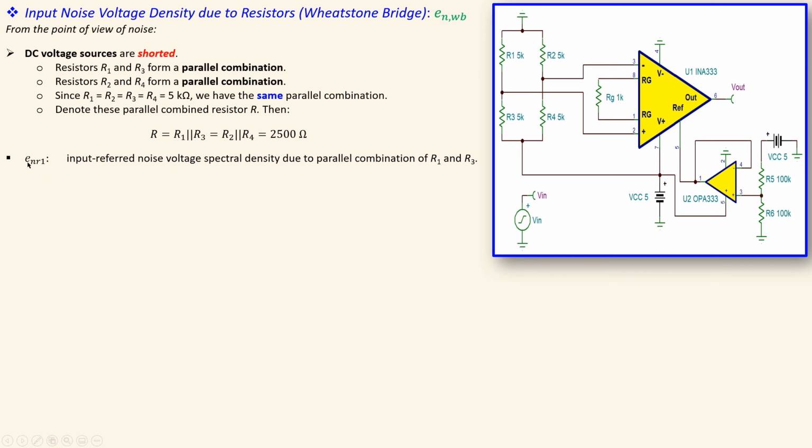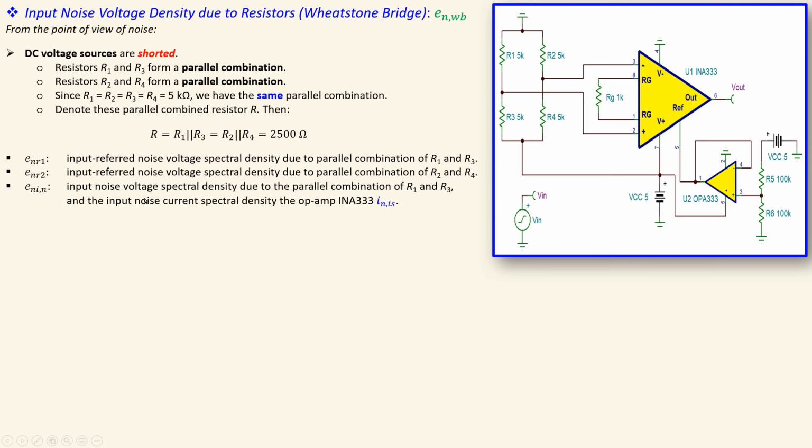Now, the first contribution is the input referred noise voltage spectral density due to the parallel combination of R1 and R3. The next one is again the same, but then the contribution by R2 and R4. We have also the input noise voltage spectral density due to the parallel combination of R1 and R3 and the input noise current source of this instrumentation amplifier, which we have already seen in the model.